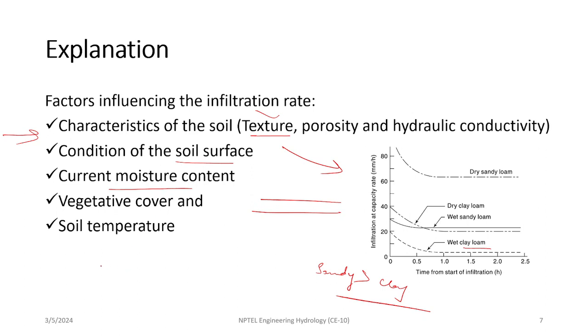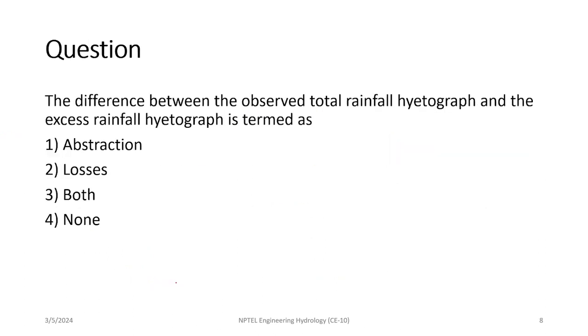If there is any seepage, or a water source influencing our target area where we are performing our experiment, definitely it will affect the actual infiltration rate. Then again vegetation cover, yes, and soil temperature also plays a crucial role.